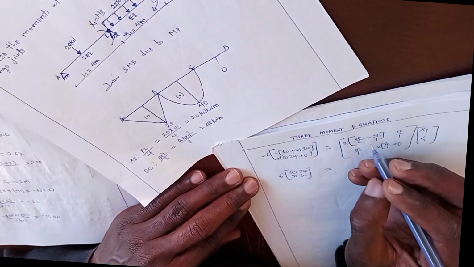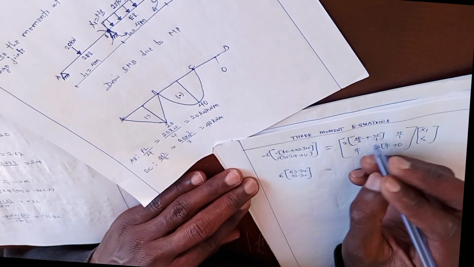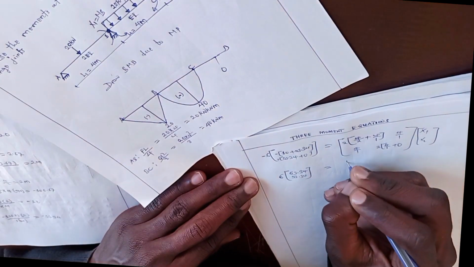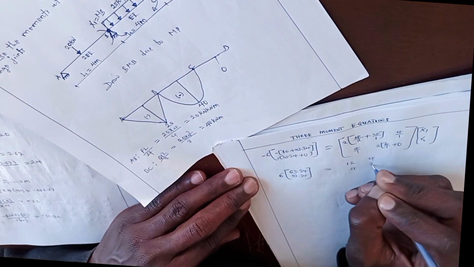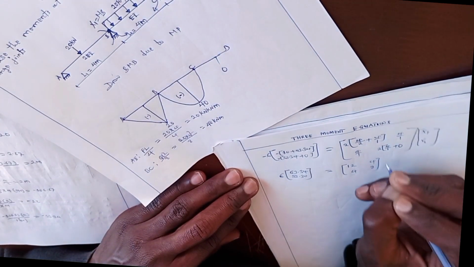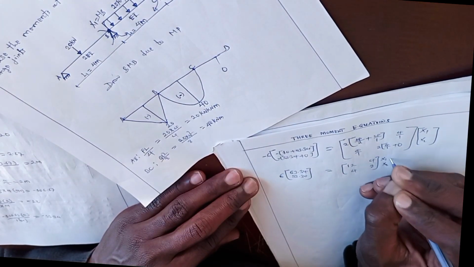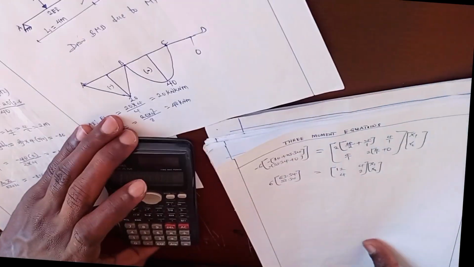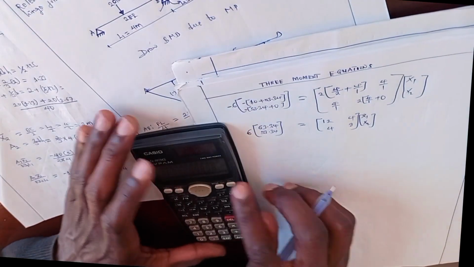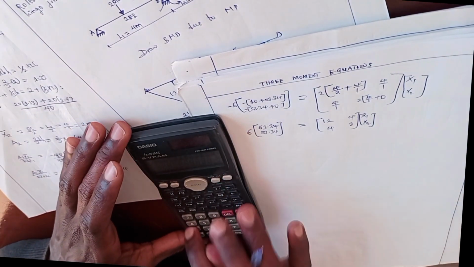It will be equal to this one, 12, and here 4, 8, times x1, x2. Now to obtain these two unknown moments, use the equations of two unknown moments.